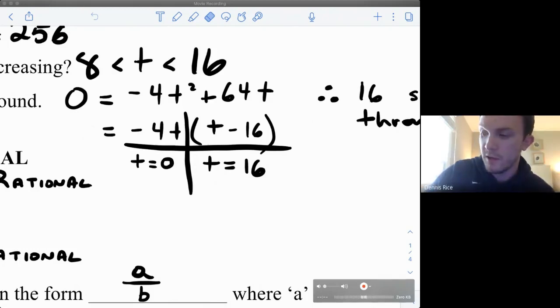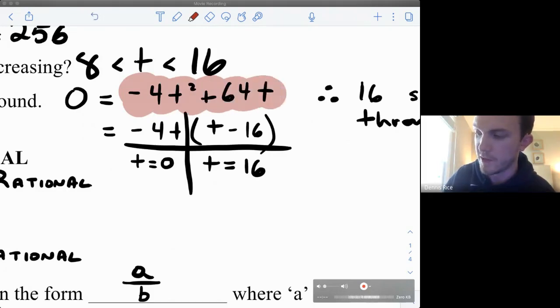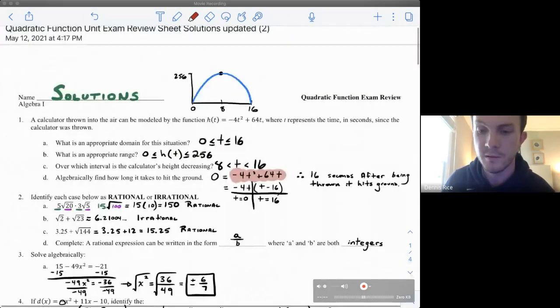You could do it other ways, but what I did was I looked at it and said, they have a 4 in common and they have a T in common. So I factored that out. This is called GCF factoring. And then T minus 16 is what's remaining. When you pull out a 4 from each one, that's what's left over.